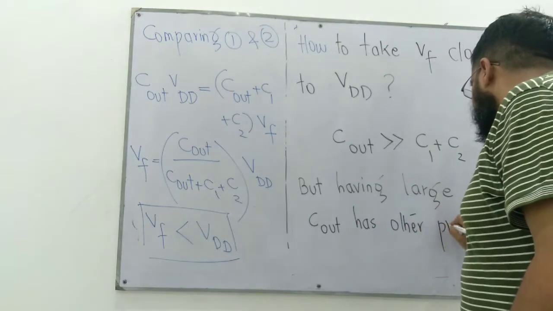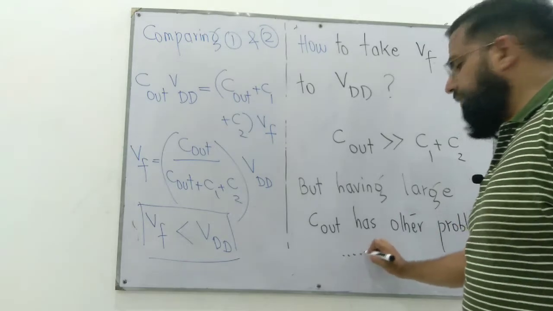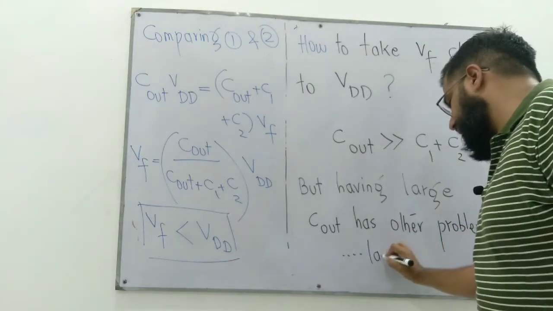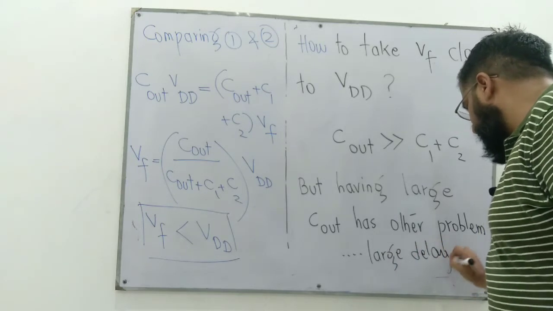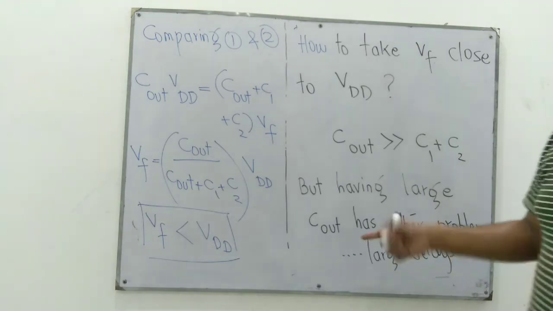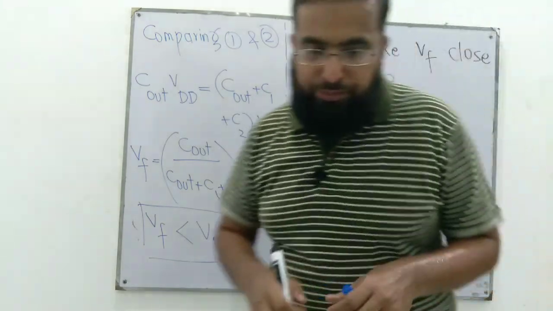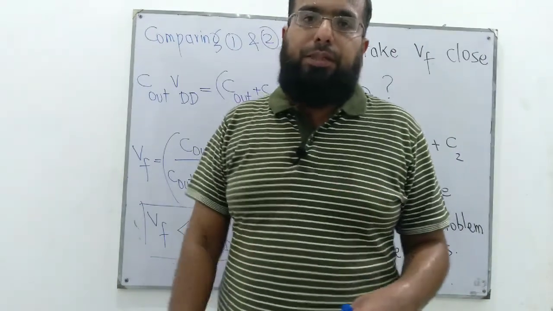You know what is the problem of having a larger Cout? Large delays. So having a larger value of Cout will take us to larger delay. So it's a compromise. Everything is a compromise. We'll continue studying high-speed circuits in our next lectures. Thank you.